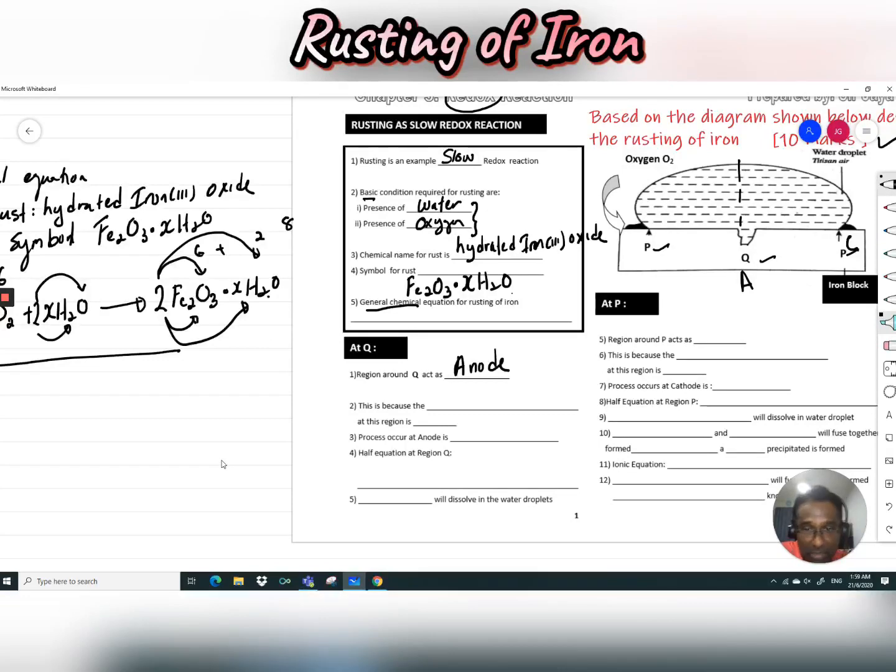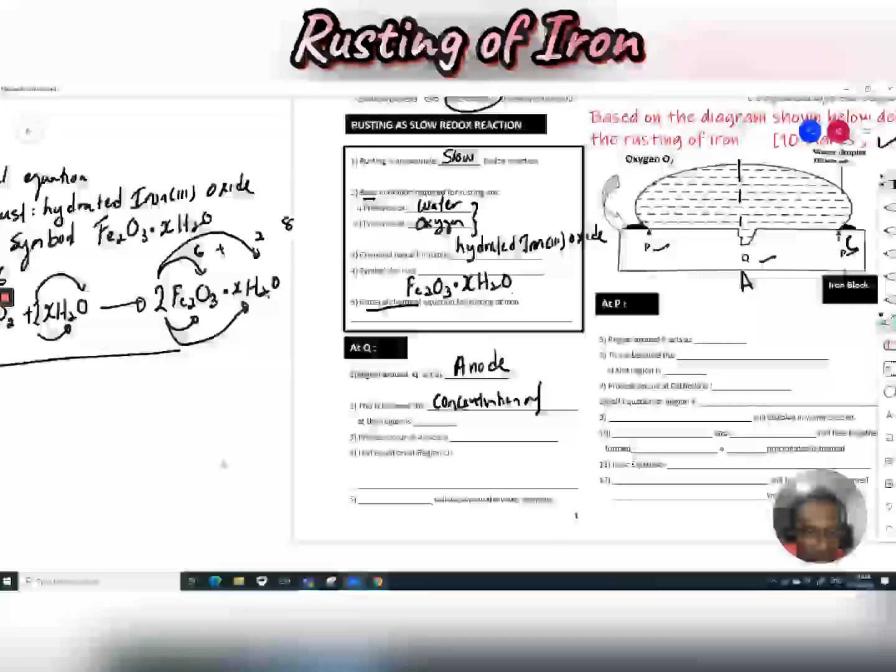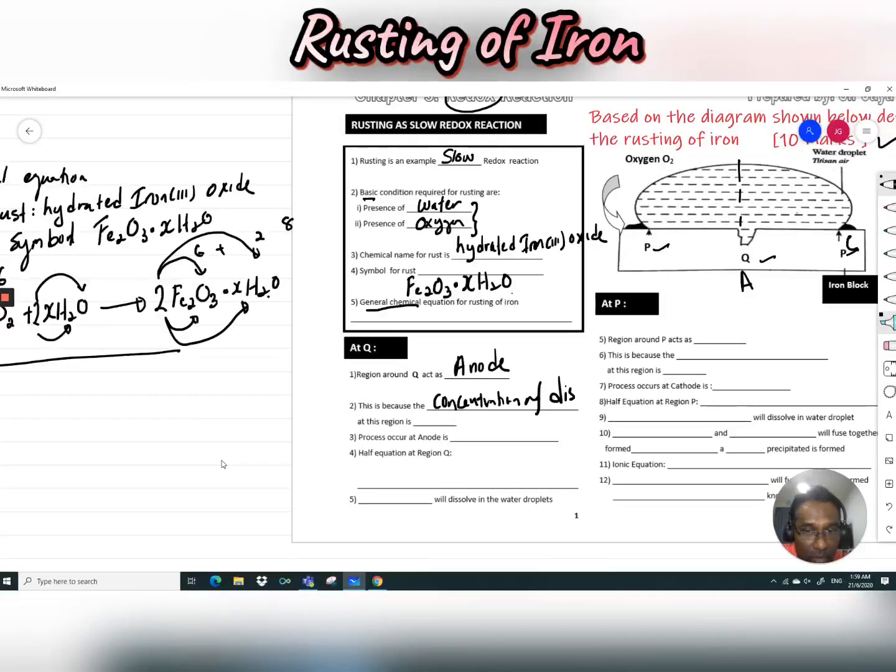This is because this region, where the concentration of dissolved oxygen is lower, will act as the anode. The process that occurs at the anode is oxidation. How to write the half equation? Here we have a lot of iron atoms.